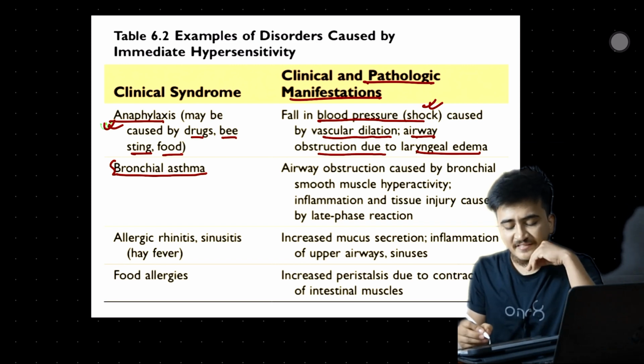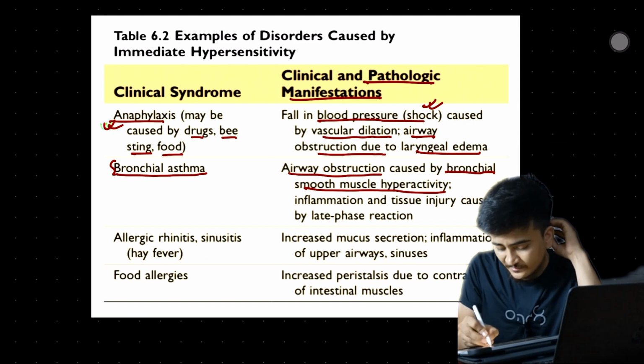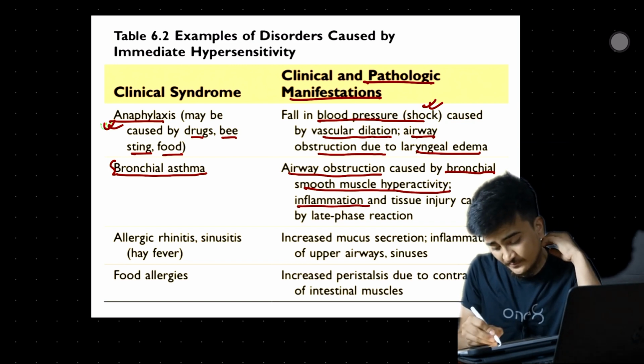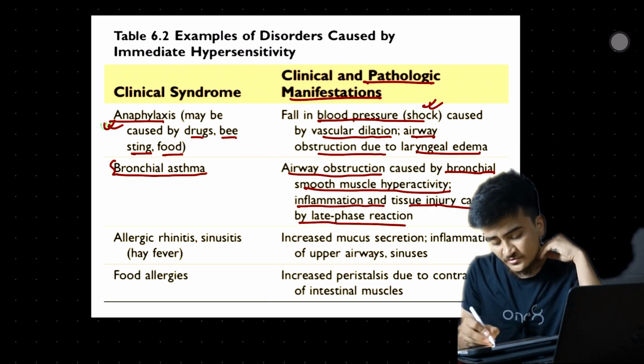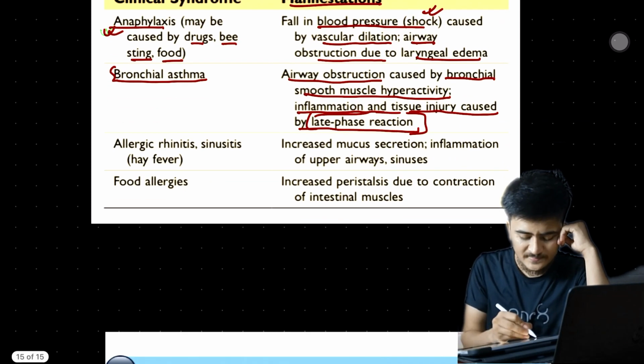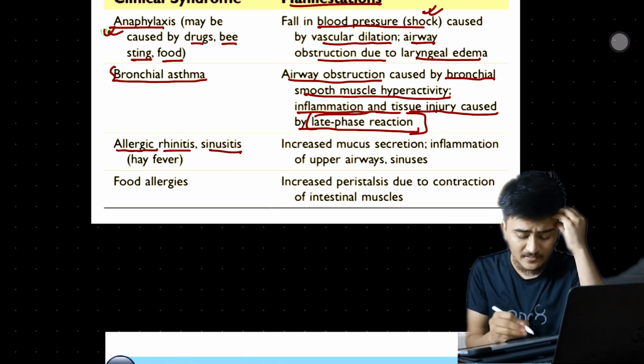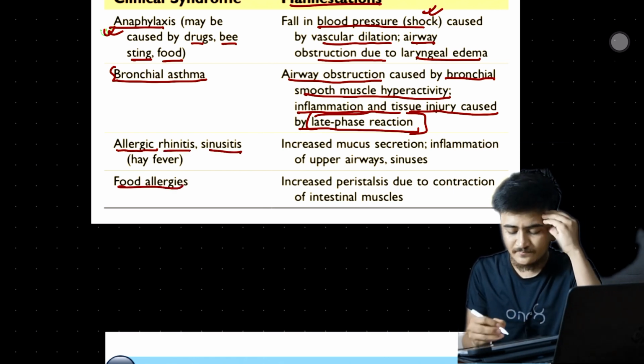Here the pathological manifestations are airway obstruction caused by bronchial smooth muscle hyperactivity, inflammation, and tissue injury caused by the late phase reaction. Similarly, there can be allergic rhinitis, sinusitis, hay fever, and food allergies.